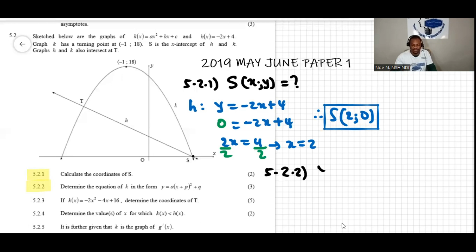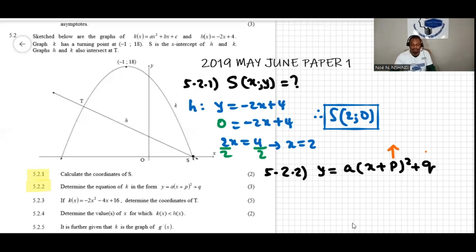So we need to express y in the form a(x plus p)^2 plus q. This is what we call the turning point form of a quadratic equation. As for me, I prefer to write this formula with a negative sign here. But let's leave it like this. Maybe you'll discover why.